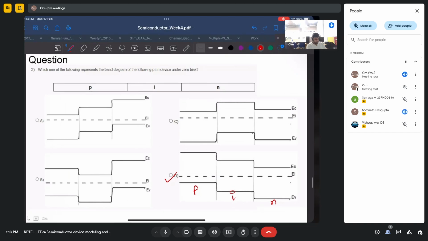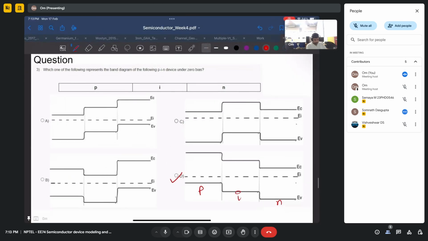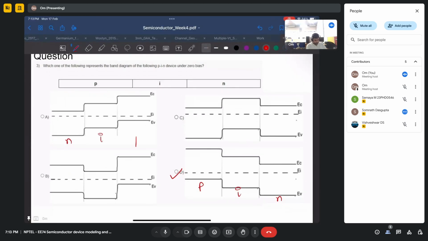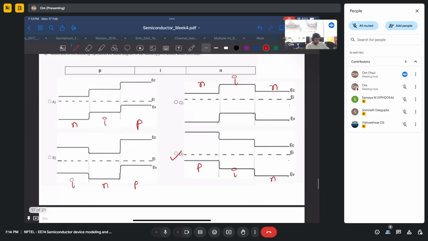NIP. And B is INP. C is NIN. Okay, so now you know how to do this.